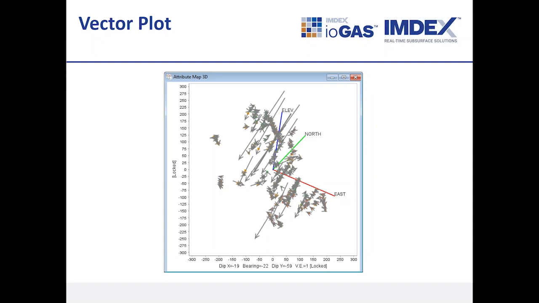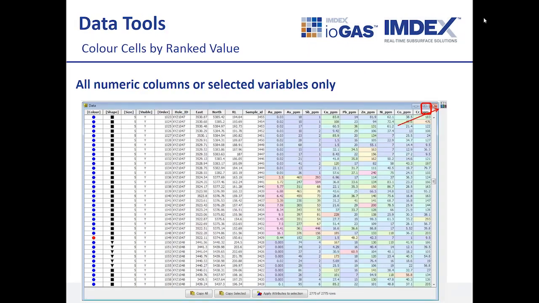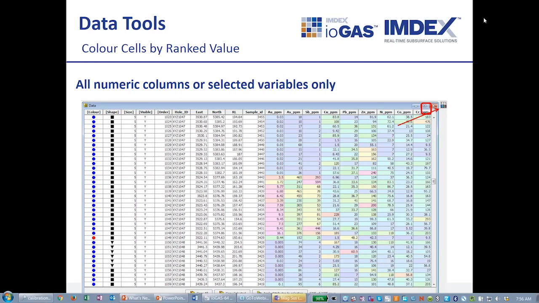A little visualization aid here is that we can now color the data in the grid view by percentile. There's the button to access that, as indicated in the slide there over on the right. You can either color all of the numeric columns or all of the selection columns in the data set. Those colors are the same, what we call our geochem percentile levels and colors, that we apply by default in the gridding and imaging.